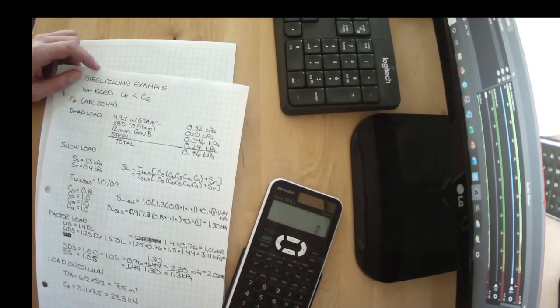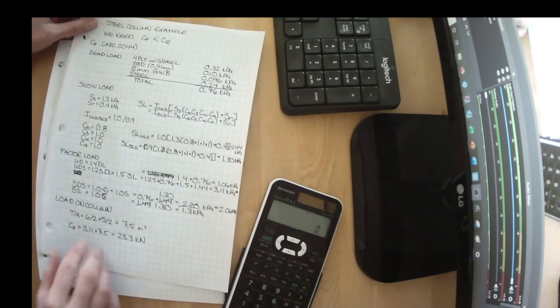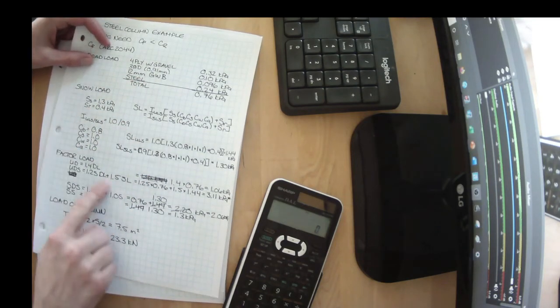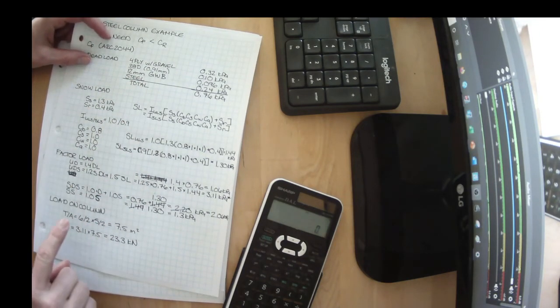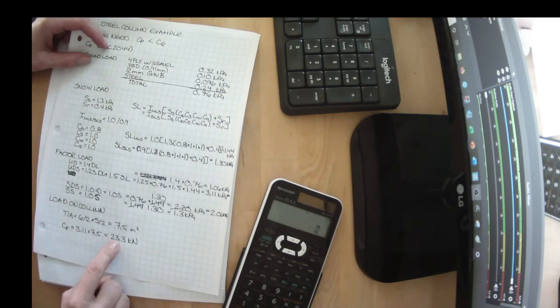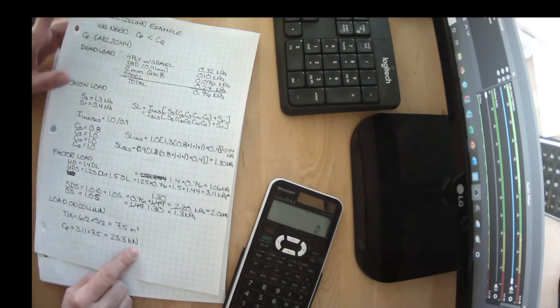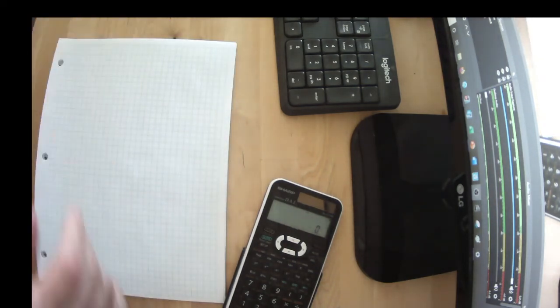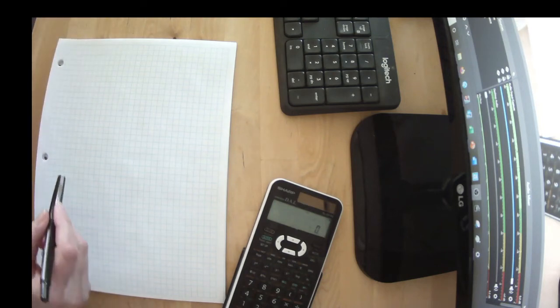What member we're using does not change the load. We've already figured out the dead load, we've already figured out the snow load, we've already figured out the factored load, and we've already figured out the tributary area, and the load on the column is 23.3 kilonewtons. So now we're just doing the same thing, but for a different member.